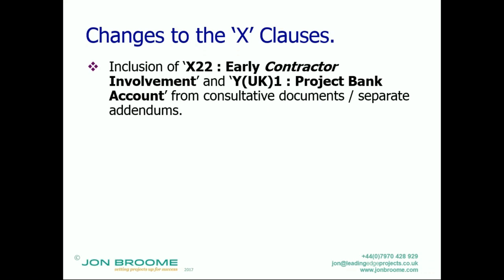Also coming in the construction industry are project bank accounts to help ensure faster payment down the supply chain. That was, I think, incorporated into the April 2013 tweaks. Again, that's now in the contract.